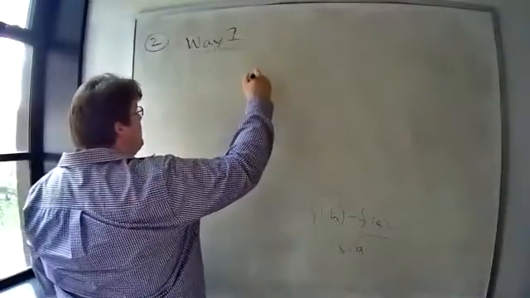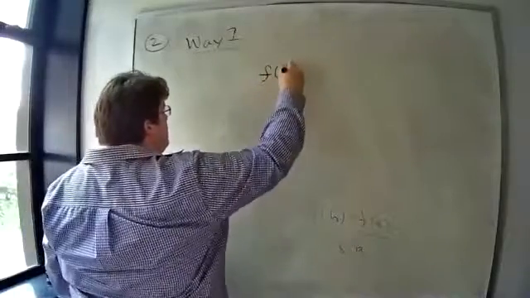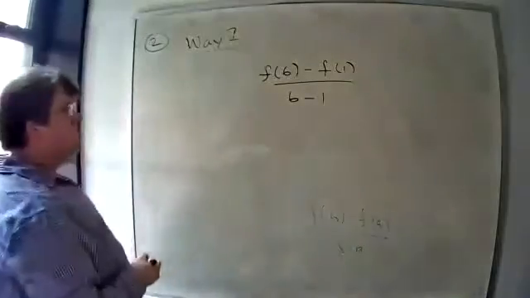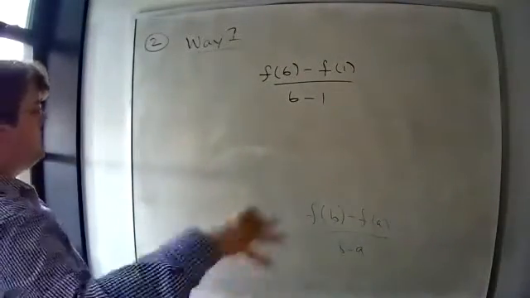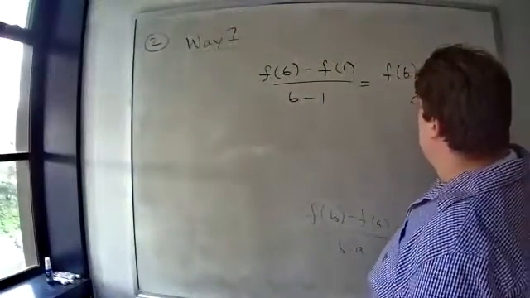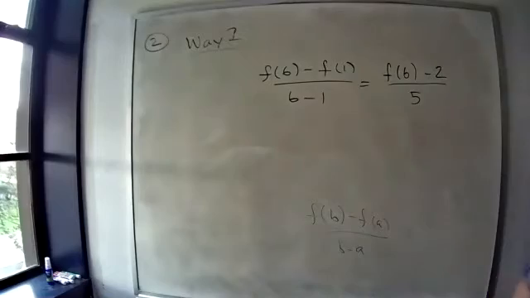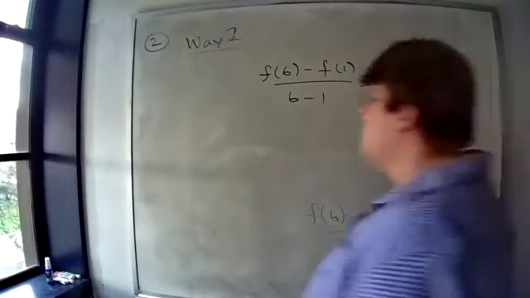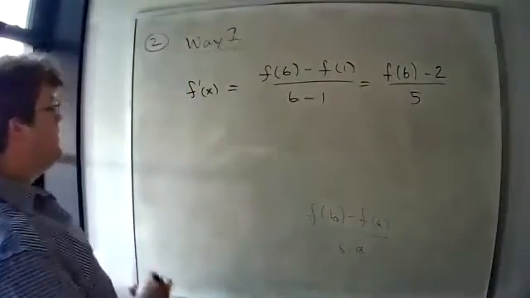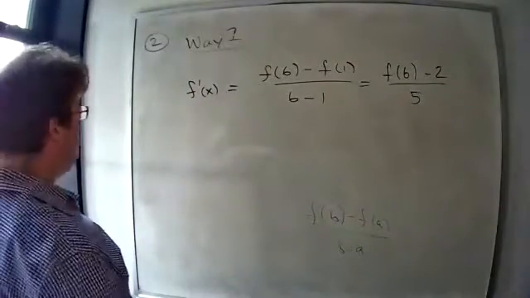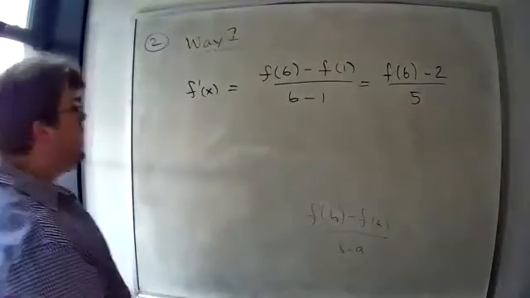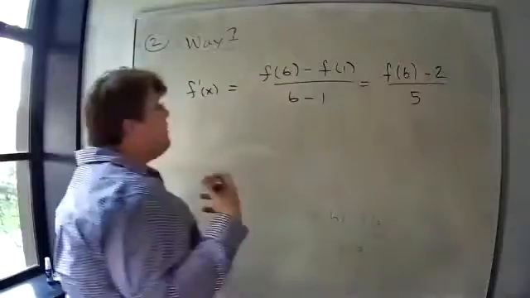So we'll take one side of the mean value theorem. We have the right side of the equation, f of 6 minus f of 1. Well, f of 1 is 2, and 6 minus 1 is 5. That's the one side. The other side tells us that the derivative, I'm going to use x in a more general sense here instead of c, on this interval is going to equal that.